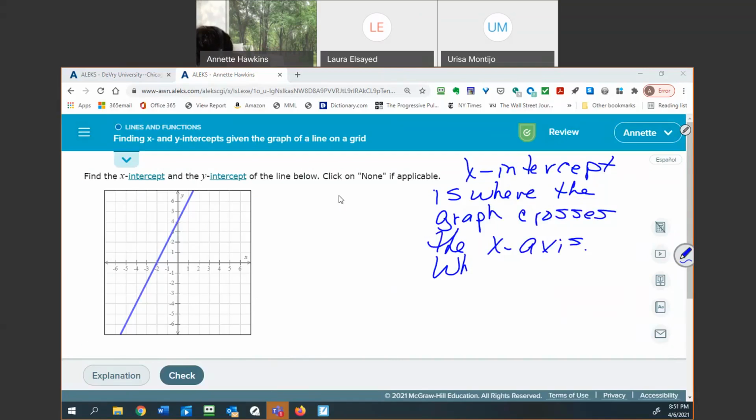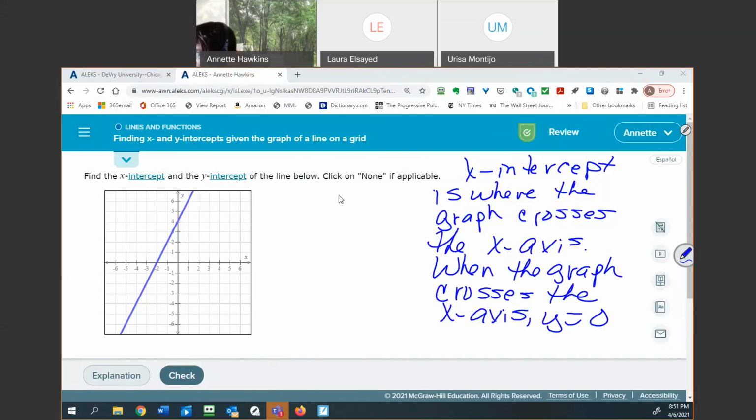When the graph crosses the x-axis, y equals 0. That's very important. So therefore, to find the x-intercept, y is 0. And we're going to need that when we get the equation. So the x-intercept is where the graph crosses the x-axis. When the graph crosses the x-axis, y is 0.